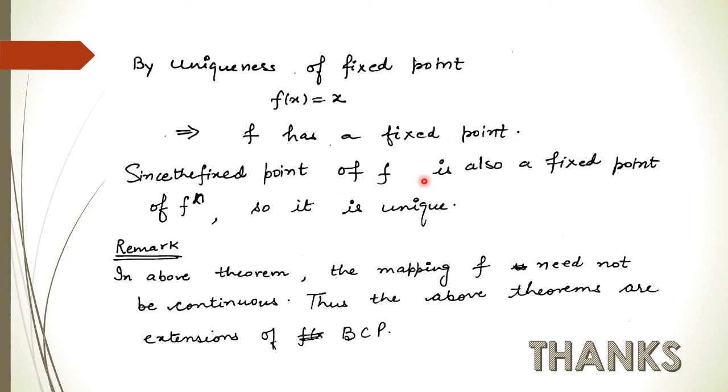Since the fixed point of F is also a fixed point of Fⁿ, it will be unique. So in the above theorem, the mapping F need not be continuous, need not be a contraction. However, F has a unique fixed point. So these above theorems are the extensions of Banach contraction principle.